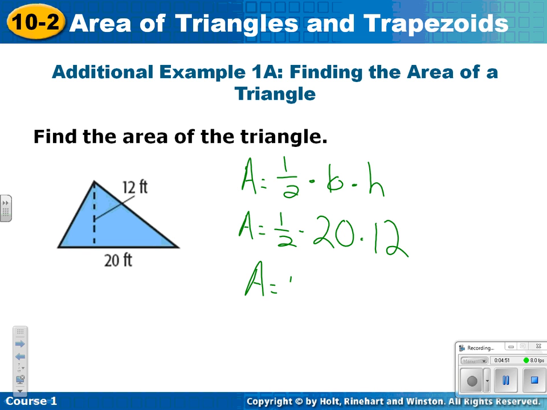A equals 120. What? Don't forget your label. Feet squared, square feet. Okay? Remember, area is always measured in square feet. Always, always, always.